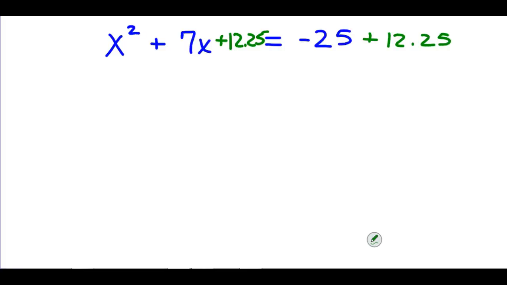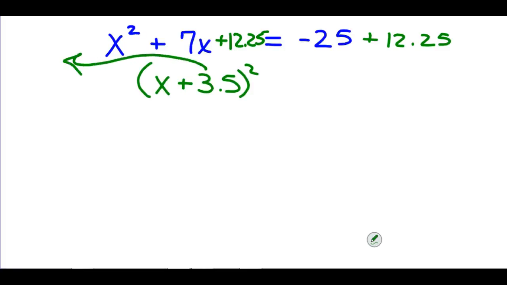The next step, because we completed the square on the right-hand side, on the left-hand side, is to factor that and make it x plus 3.5 squared. Maybe you're asking where that 3.5 came from. You should be thinking that's 7 divided by 2. You always use this value of b to find that number.